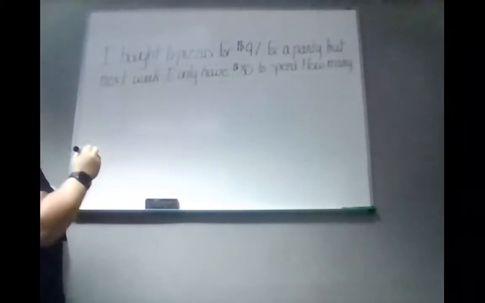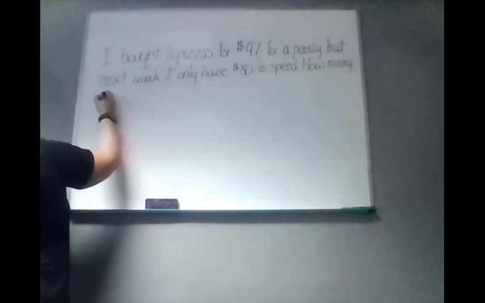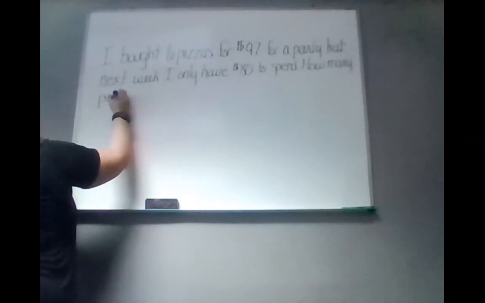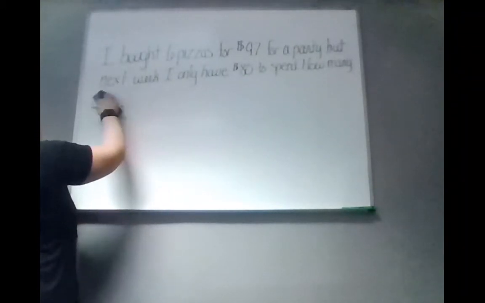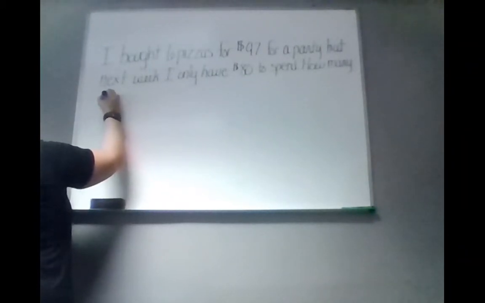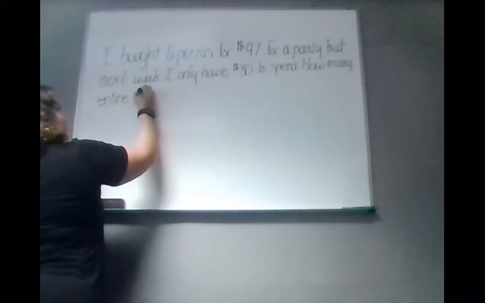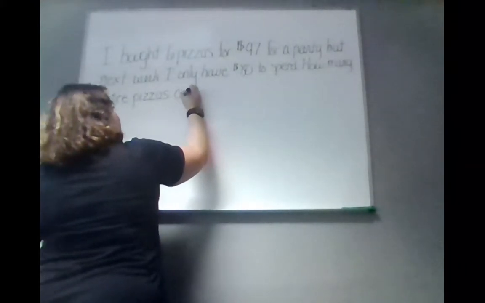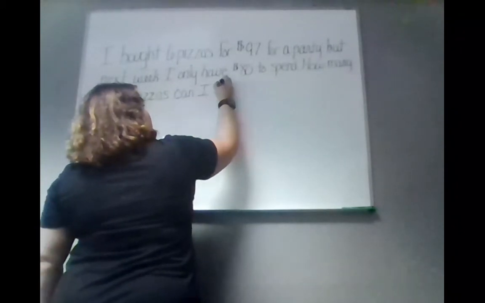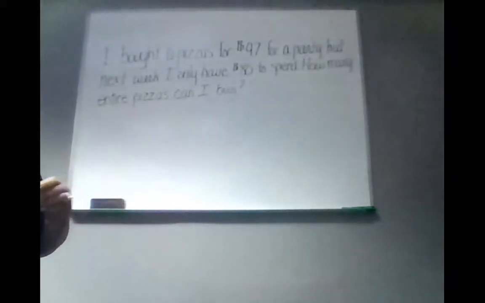So I bought 6 pizzas for $97 for a party, but next week I only have $80 to spend. So how many pizzas, or how many entire pizzas, can I buy?